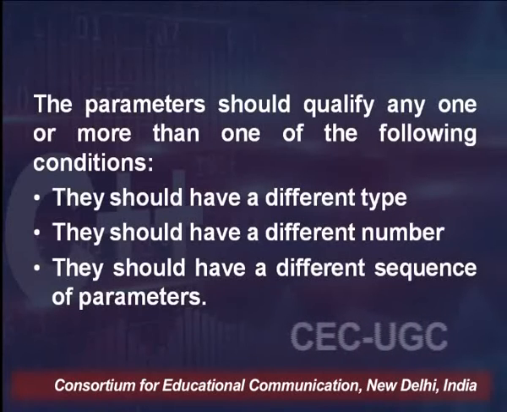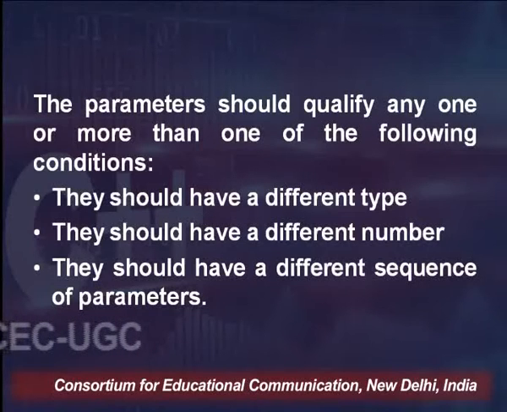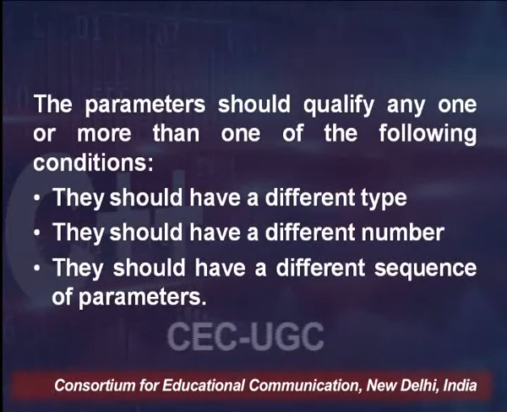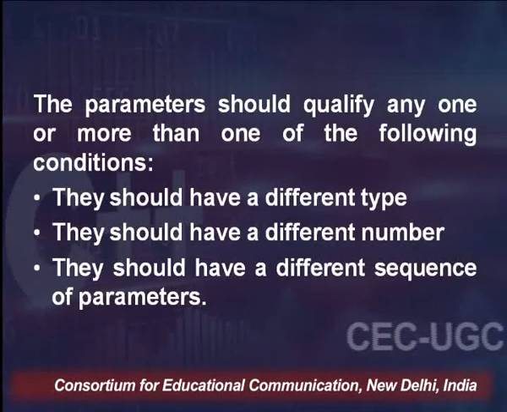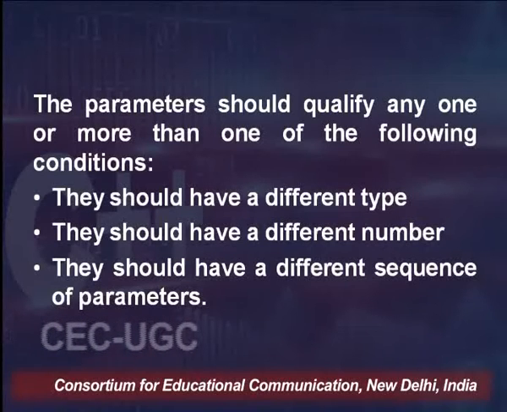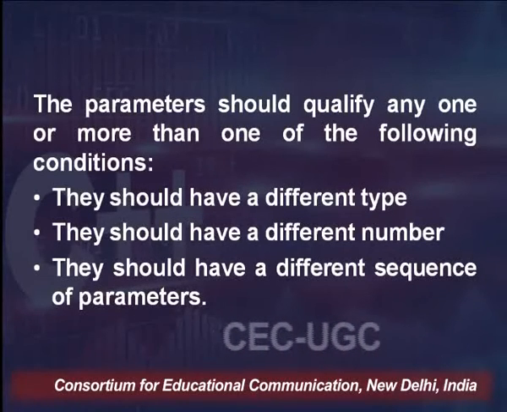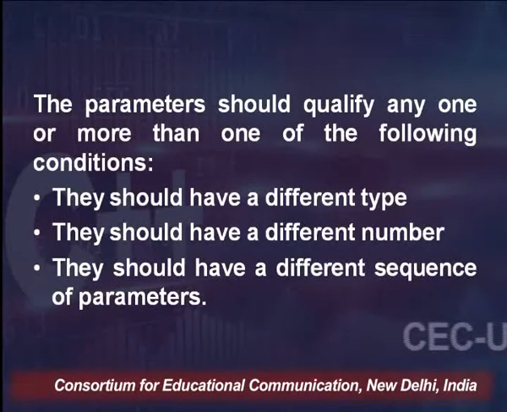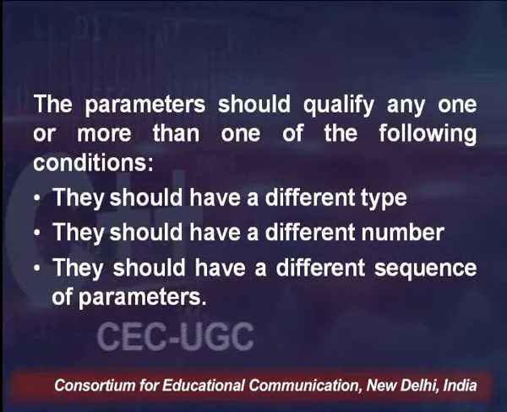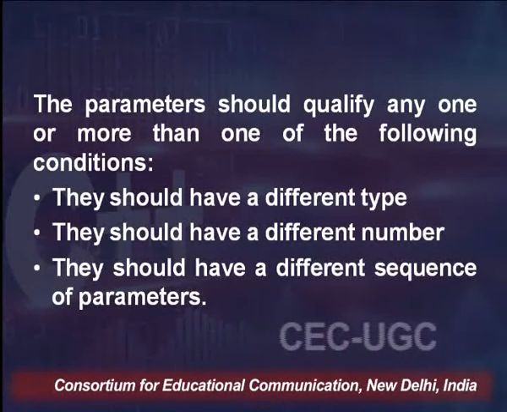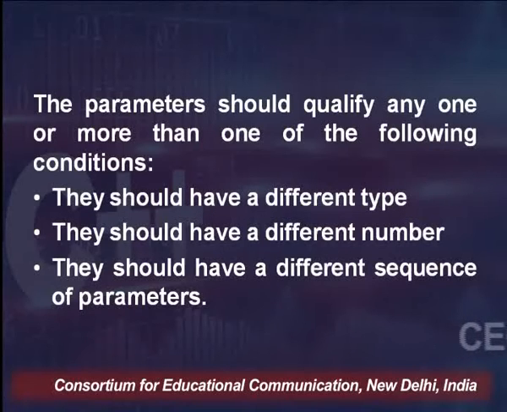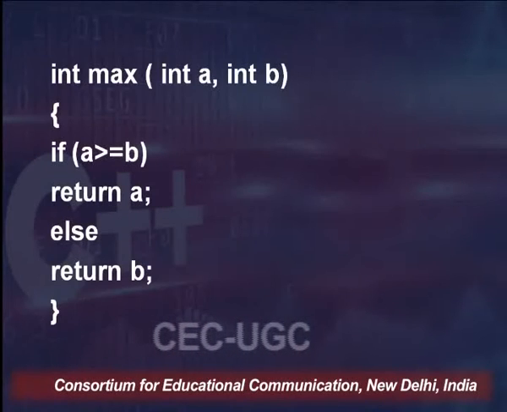Then the third condition is that they should have a different sequence of parameters if they have different types. For example, one function could take an integer and then a float, another function could take a float and then an integer. So on the basis of parameters, the compiler is going to resolve which function is being called, because the name is the same for all functions.